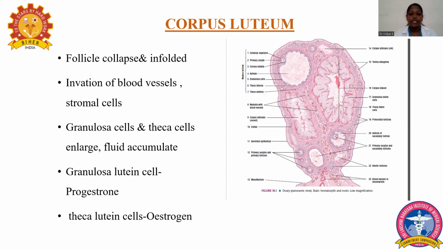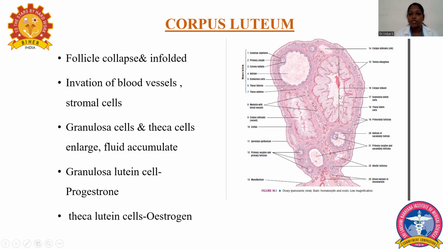And it has two lutein cells, one is the granulosa lutein cell and the other is the theca lutein cell. I told you the granulosa and the theca cells are enlarged in the corpus luteum. So that layer comes under the granulosa lutein cell and the theca lutein cell. The granulosa lutein cell is going to produce progesterone, and the theca lutein cell is going to produce estrogen. This image shows the corpus luteum.